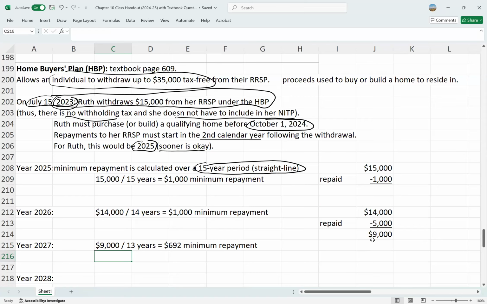So you can pay back more, but what if you pay back less? Let's say that you only repay 500. So the minimum repayment is 692, and let's say 500 is the amount actually repaid.